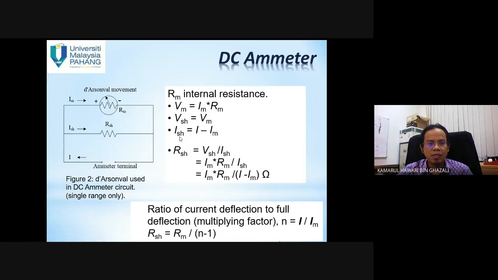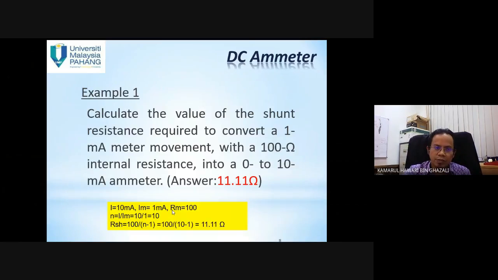So ISH equals I minus IM, and RSH, the shunt resistor, equals VSH divided by ISH, and finally you get this formula. So these are all the formulas to describe the DC ammeter. Ratio of current to full deflection, multiplying factor N equals I divided by IM. So R shunt equals Rm divided by N minus 1.